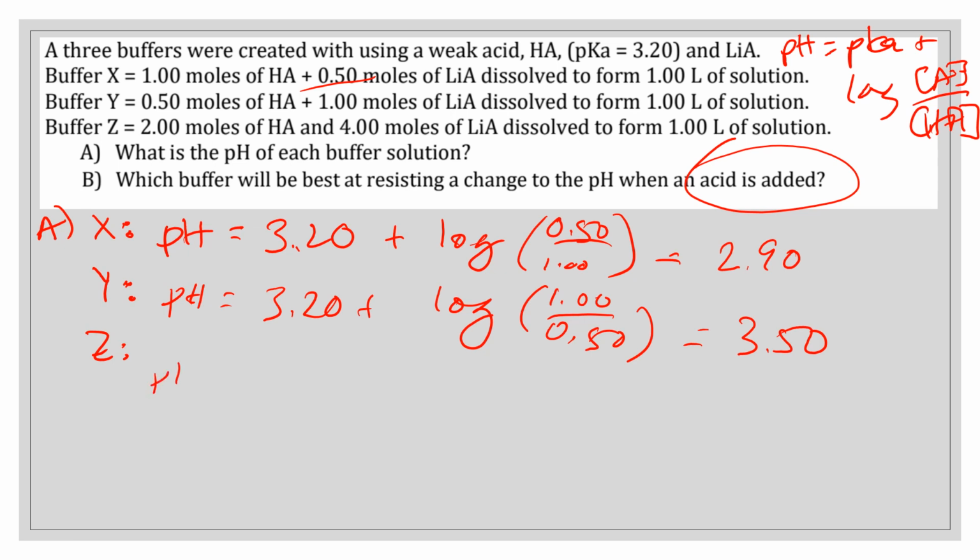Z pH will equal 3.20 plus the log of 4.00 over 2.00 for my concentration of the conjugate base and the acid. The pH will be also 3.50.